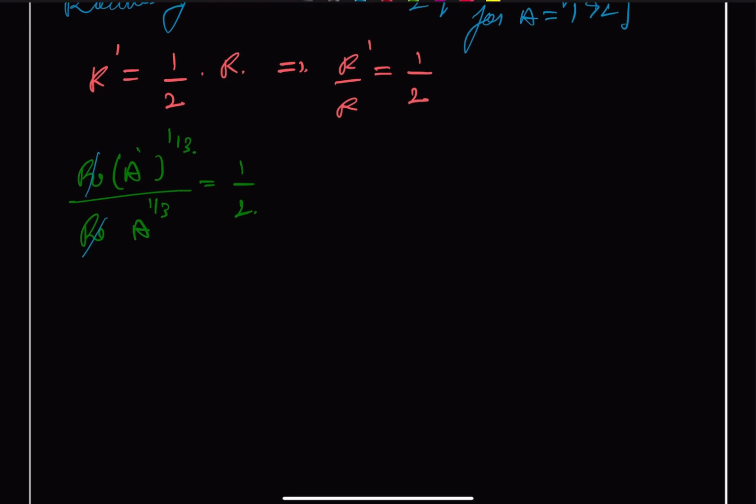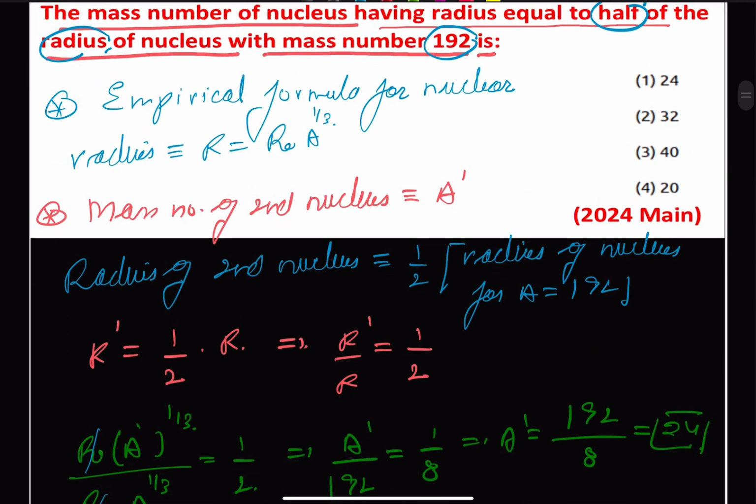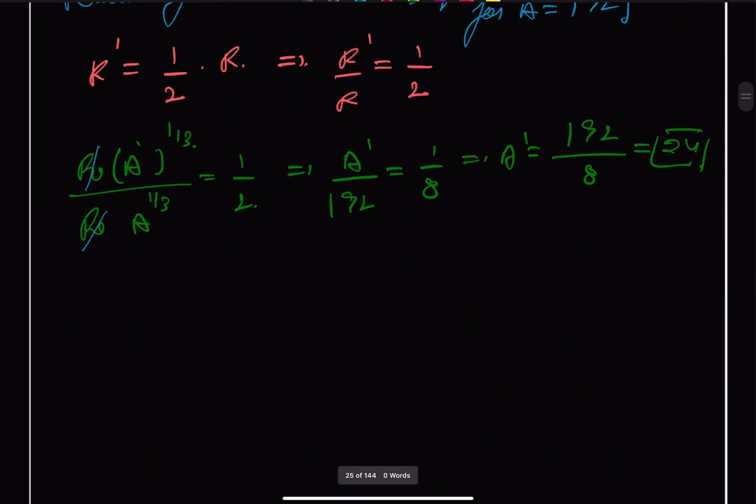Here r naught and r naught cancel out, and A prime upon A, where A is 192, will be equal to 1 upon 8. So therefore A prime will be equal to 192 divided by 8, which gives us 24. So option 1 is correct.